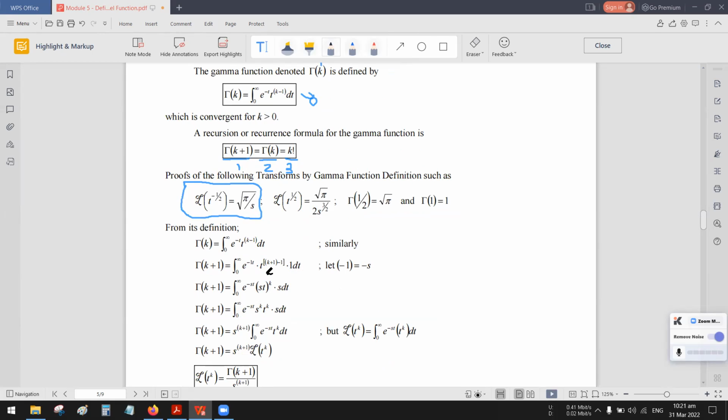Okay, so ito kasi, this is just equivalent to t to the k minus s. Pwede rin yan. Diba? Or we can simplify this as s t raised to k.